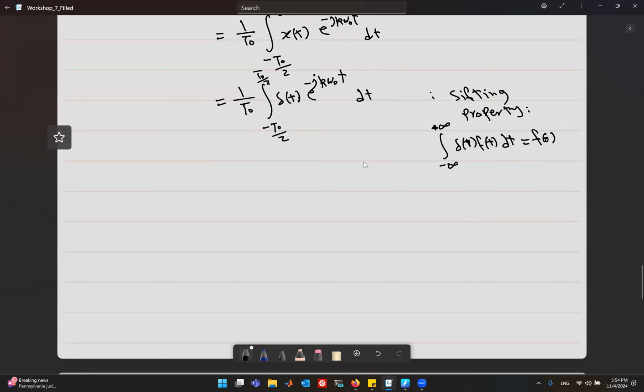And to make it more general, we can write delta t minus t naught, so we have a shifted impulse times f(t) dt. This will be f at t naught.